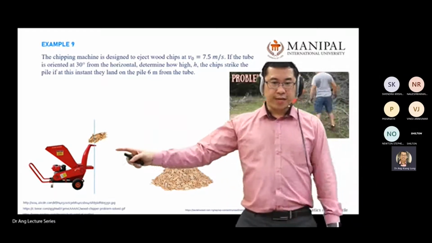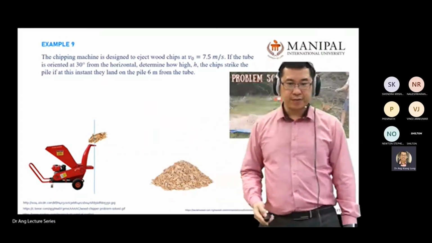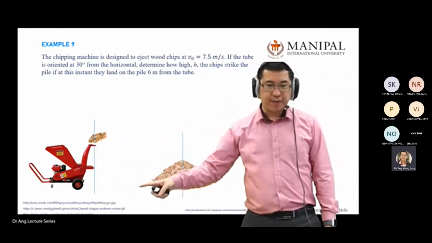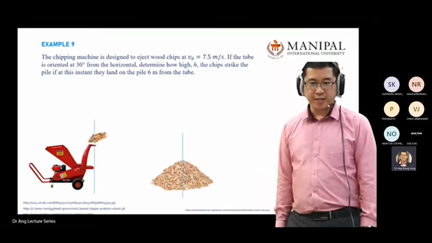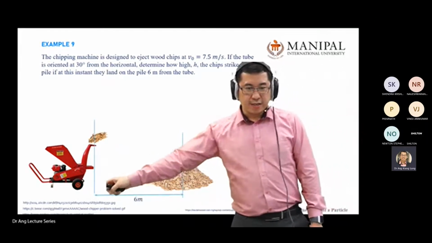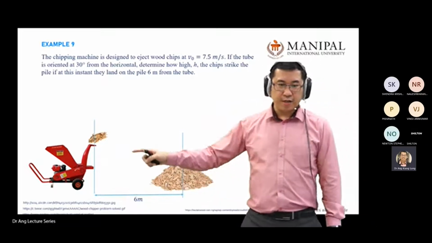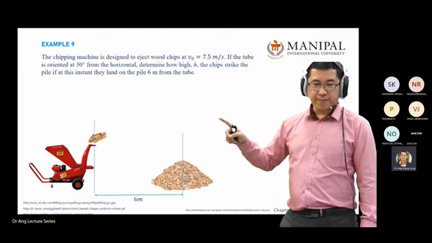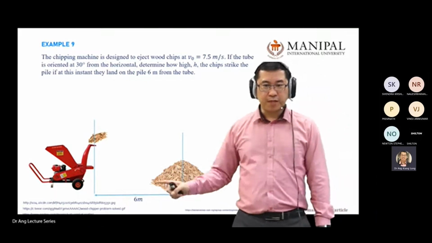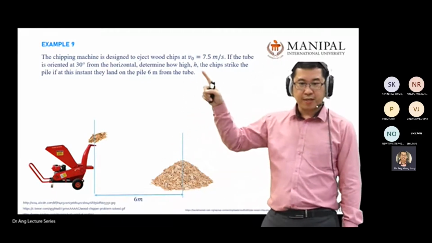Okay, so we take the origin over here, the end position over here, and the horizontal distance from the origin to the last position will be 6 meter, as you read from here.